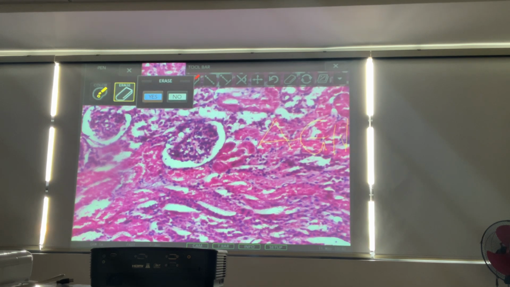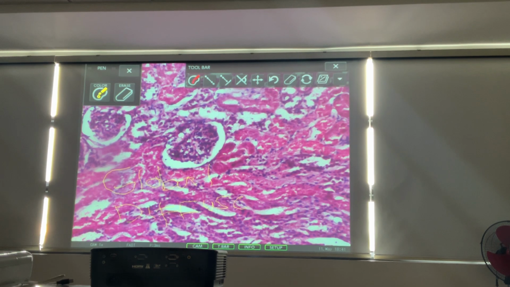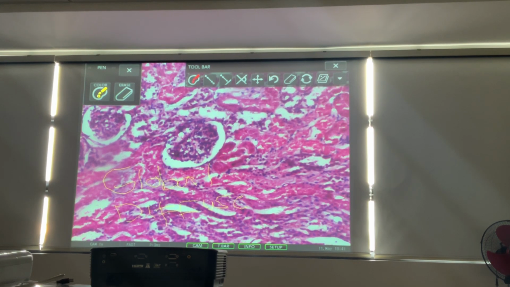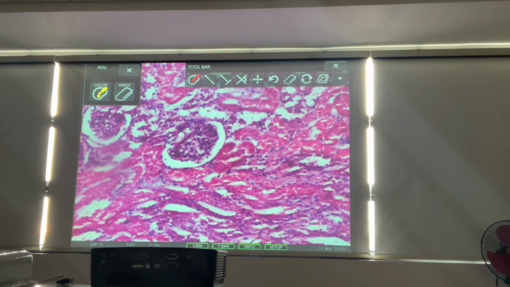Anyway, for cases of AGN, the condition is often, remember, global and diffuse. So, global: when you hear or read the term global, it means that the entire globe of the glomerulus is affected or will show you the pathology.